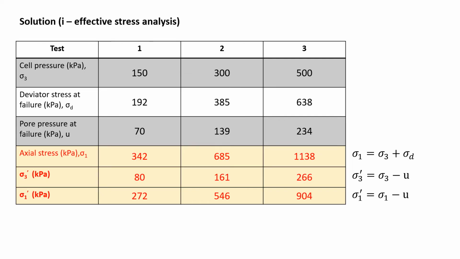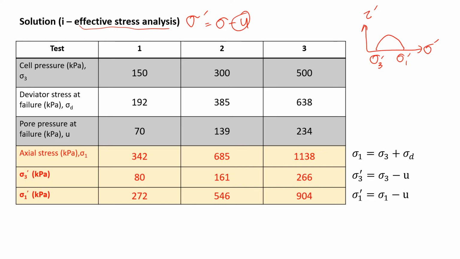Now, for the effective stress analysis, knowing that sigma prime is equivalent to sigma minus u, in this solution we need to consider the presence of pore water pressure. In order to plot the effective stress analysis, what you need are sigma 3 prime and sigma 1 prime.